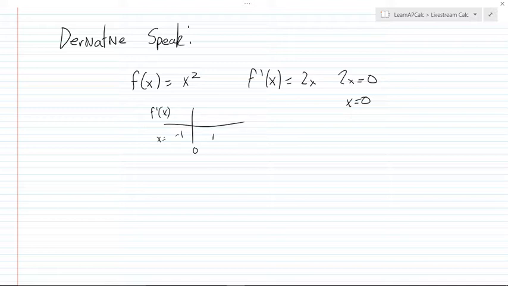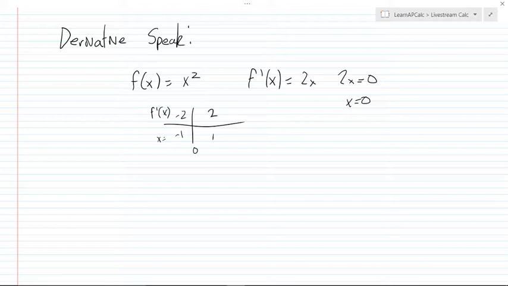So here, plugging these in, I get this, so I can say that this is a relative min by the first derivative test. Derivative speak is basically you're just telling the AP graders what you did.